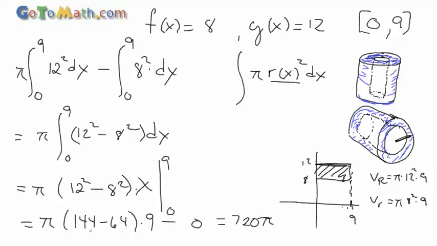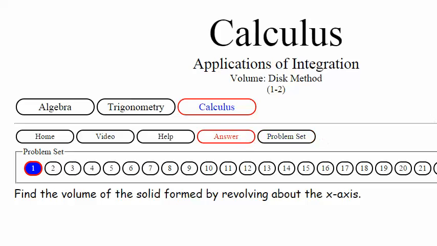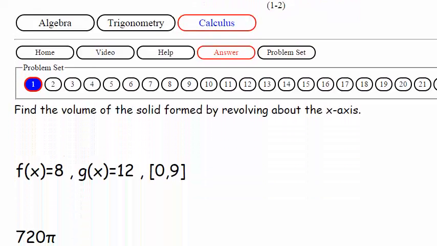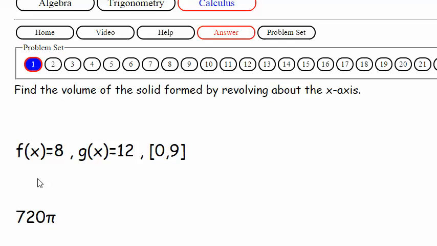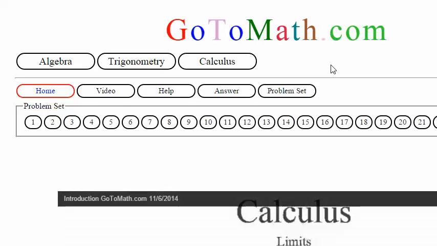But isn't that what we get here? Then volume is equal to volume of the large radius minus volume of the small radius. So you see we end up with the same thing, 720 pi. That's what we get. Okay. So come on by, practice that, check it out, and I'll see you later.